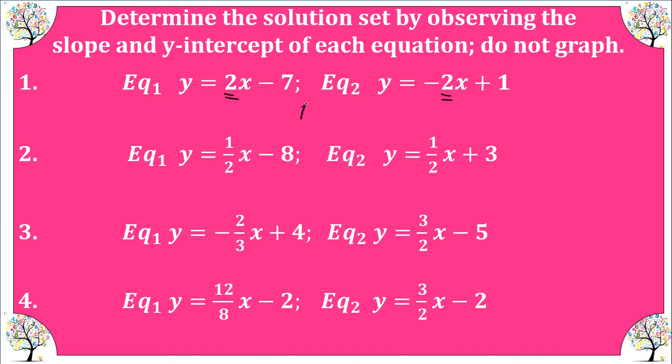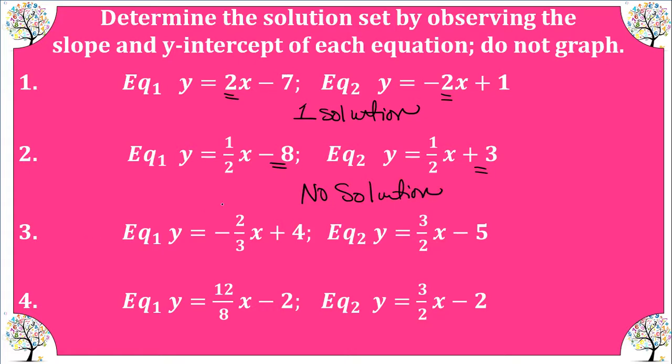So this would be one solution. In our next example, we have different starting points, different y-intercepts, and they change at the same rate. So these would be parallel lines and never intersect. So there's no common ordered pair, so there's no solution to the system.